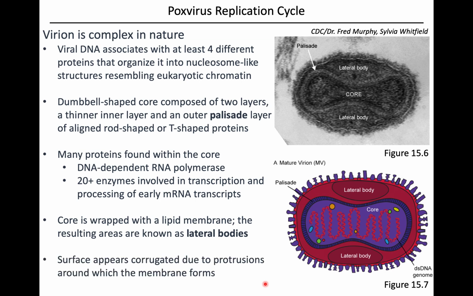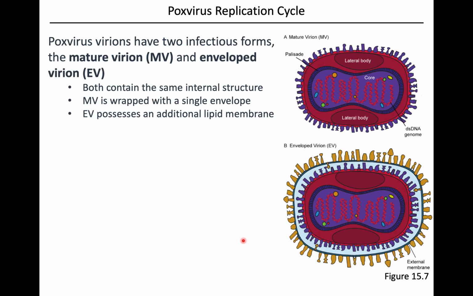So we get two lateral bodies. And because you've got all these protein protrusions that the membrane covers on the surface, it almost looks like if you're looking at corrugated cardboard or something from the side.